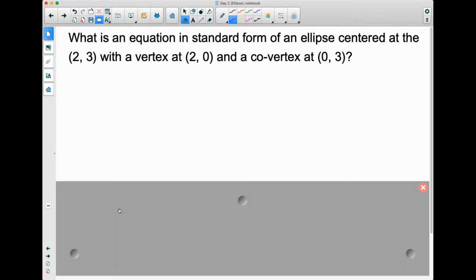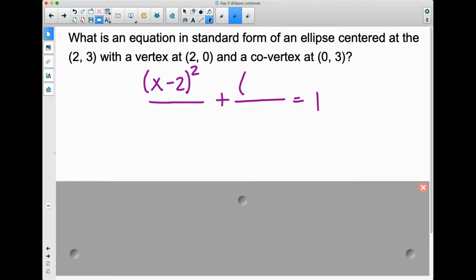Okay, so I start off with my little skeleton here. And I have x minus 2 squared, or x, there's that other mistake, y minus 3 squared.